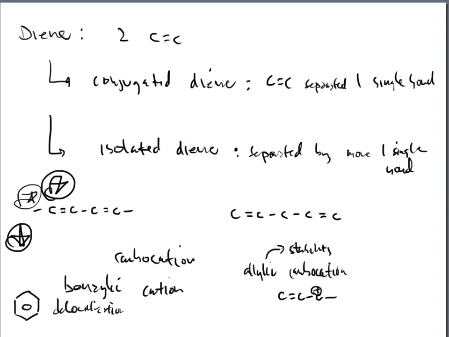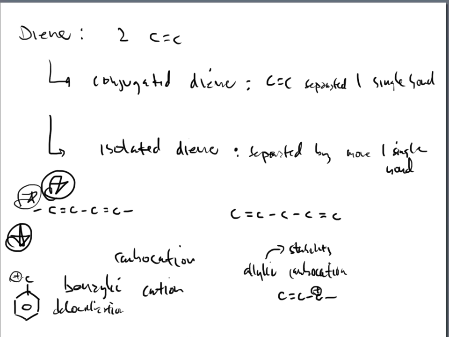So the allylic carbocation has different resonance forms. The benzylic carbocation, I really didn't fully draw that one, did I? It's the benzene ring with the carbon that has a positive charge on it. That has many, many different resonance forms. And these now are located in the carbocation setup: the tertiary, the secondary, the primary.